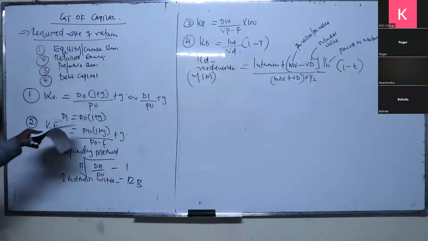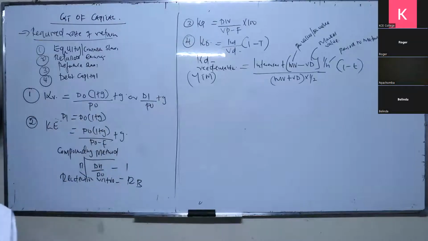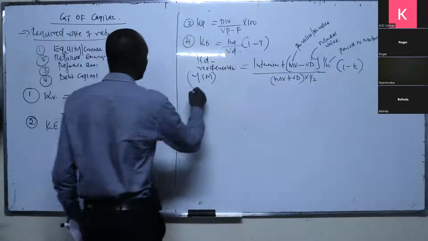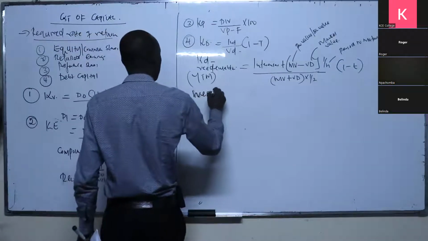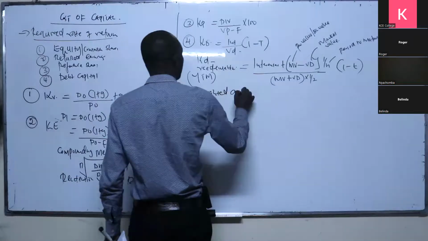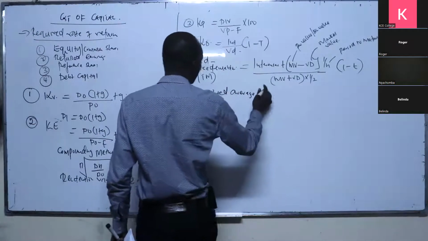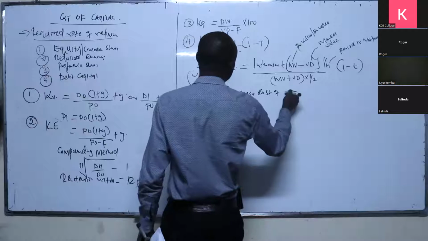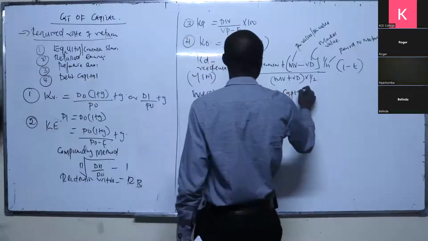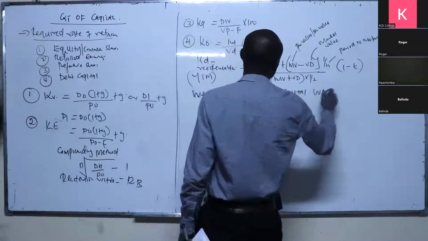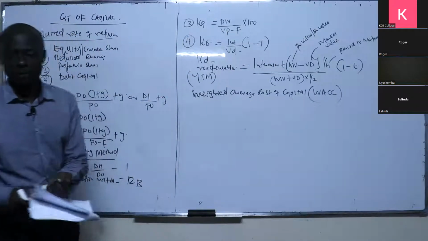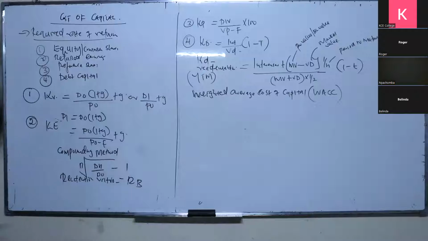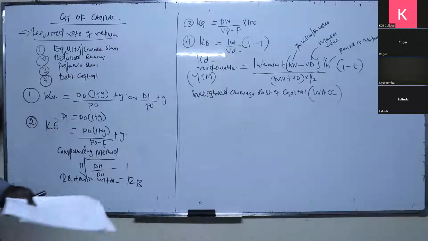Once you master the formulas, the next thing is to know how to compute the weighted average cost of capital, sometimes we call it WACC. This is the combined cost, the overall cost of capital.